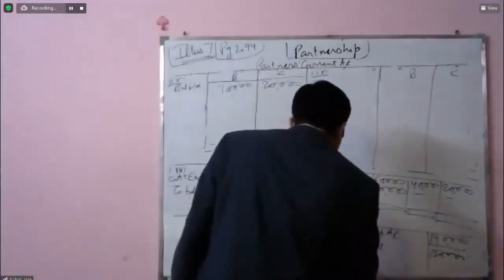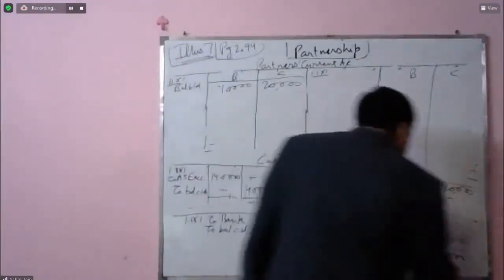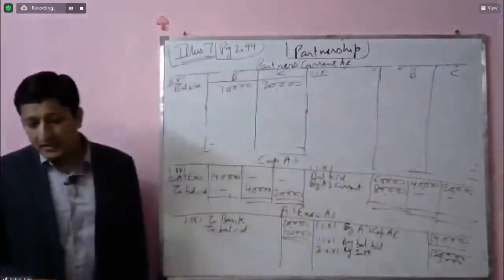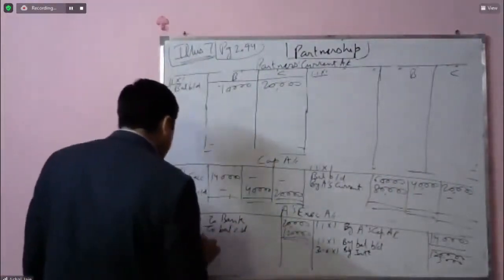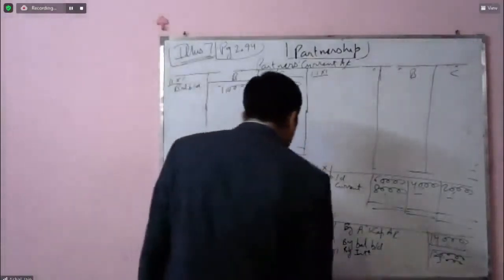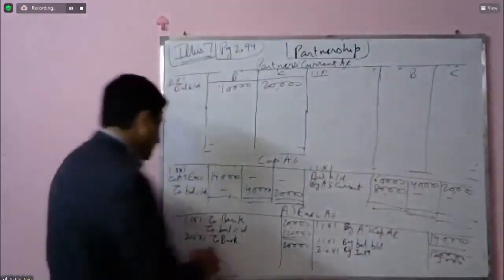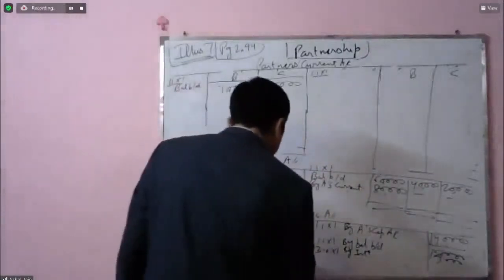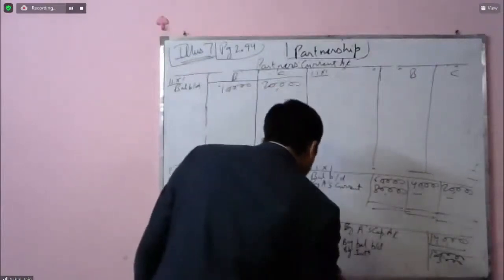So 30th June X1 by interest, it becomes 3,000. It is 3,000 in half a year. On 30th June X1, again, the payment will be made equivalent to 20,000. So what's the balance? The balance will be 1,03,000.